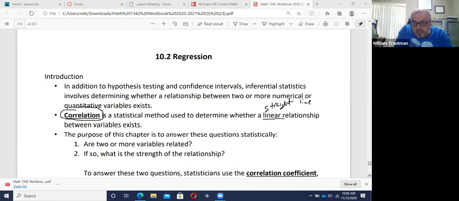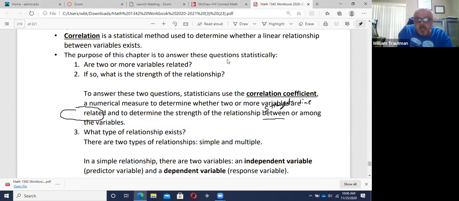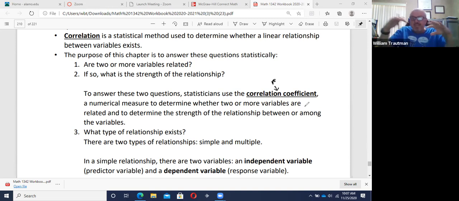We're going to call this thing the correlation coefficient, and the symbol for correlation coefficient is R, the letter R. And that's going to tell us how straight our data is.